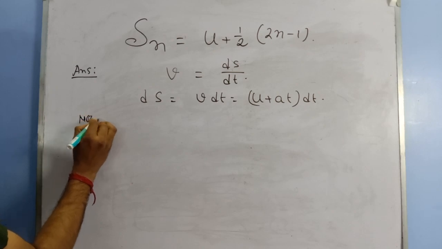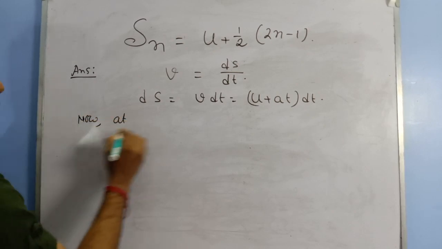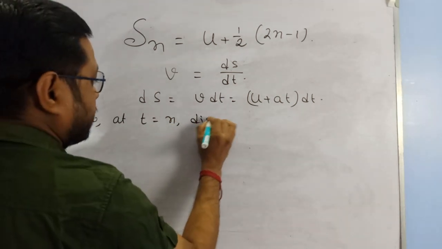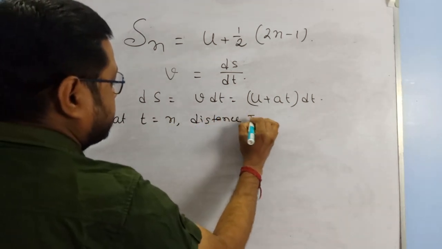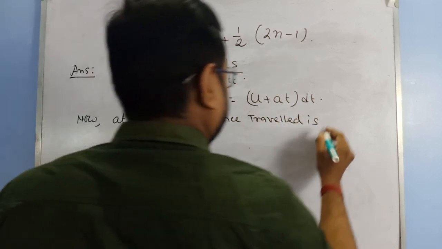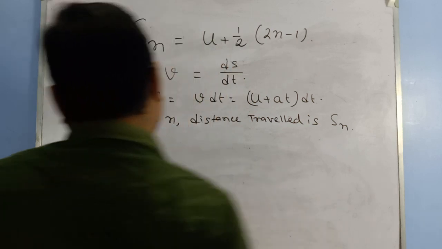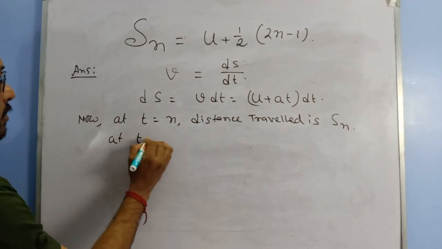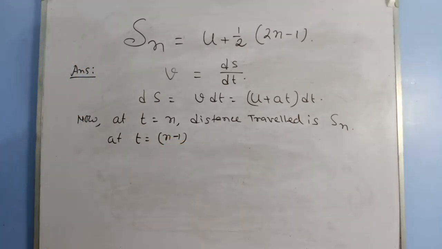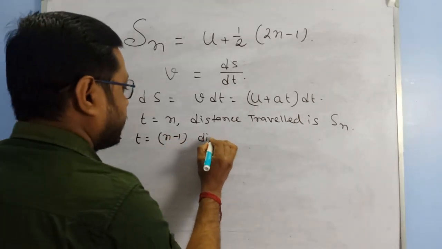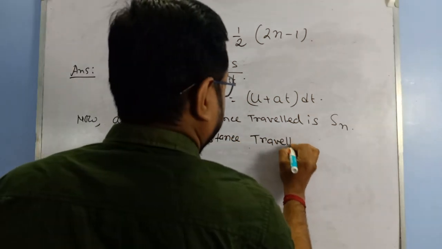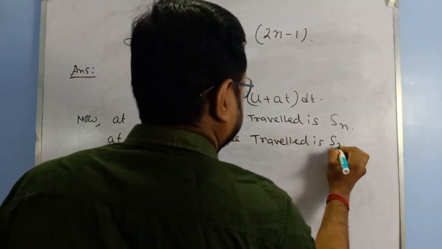Now at t equal to n, distance travelled is Sn, and at t equal to n minus 1, that is 1 second before the time t, distance travelled is Sn minus 1.